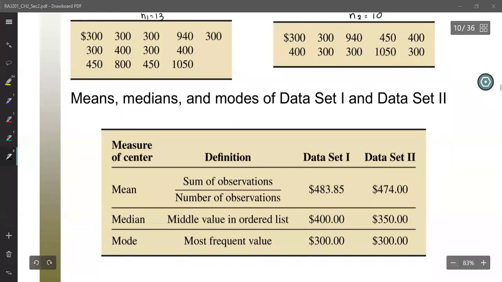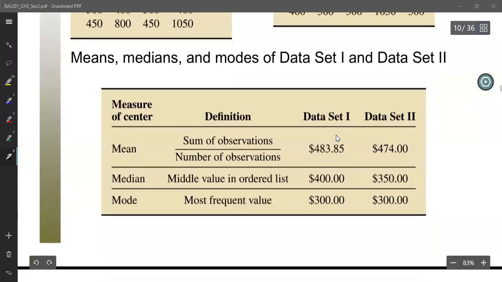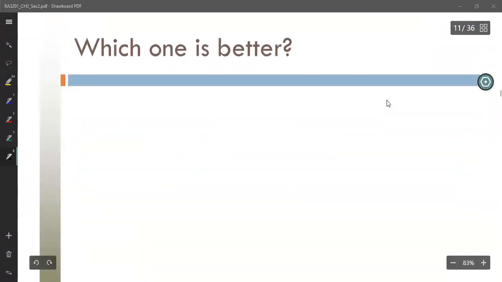Now let's look at an example. I'll give you another example and see how the mean and the median behave for two different data sets. When you make a slight change to a data set, what will happen to the mean and the median? I'll start with a very small data set to explain it easily.